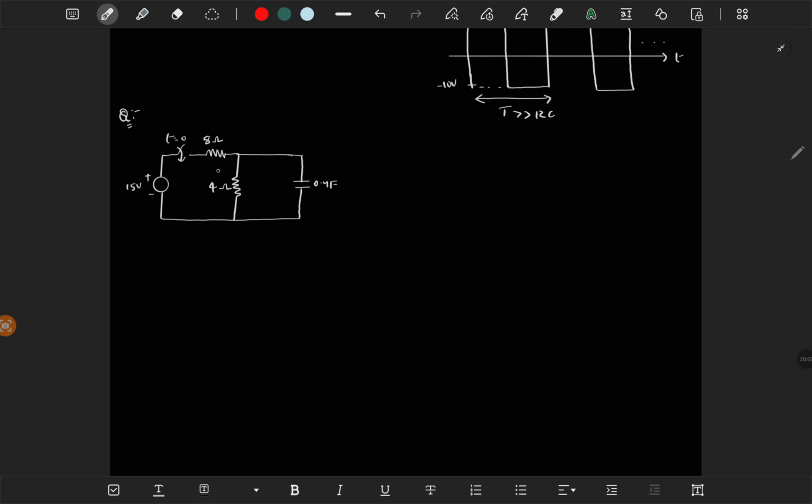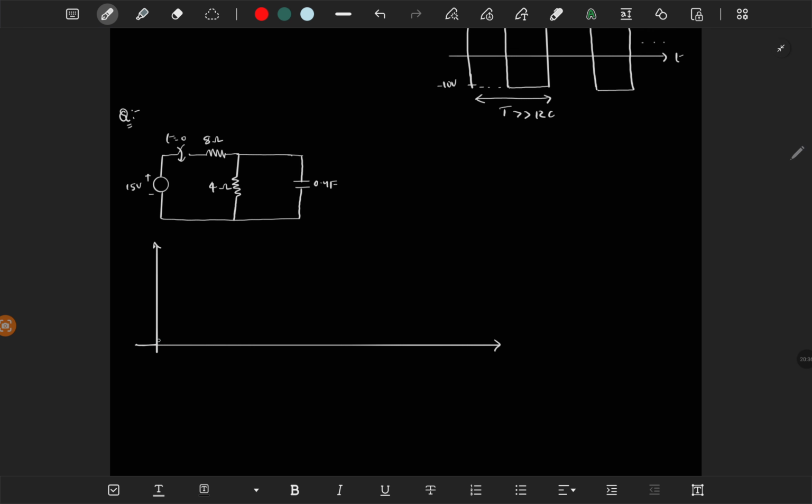So here in this circuit there are two resistors and one capacitor, so directly it is a first order circuit. And there is some transient, so the switch is closed at t is equal to 0. It means we are applying a DC voltage at t is equal to 0.